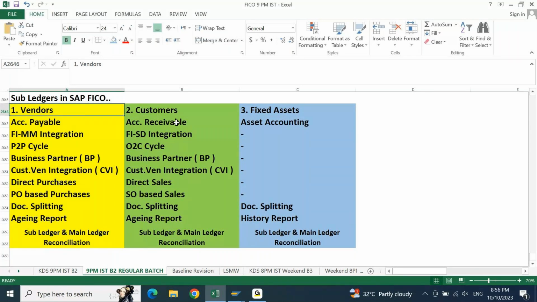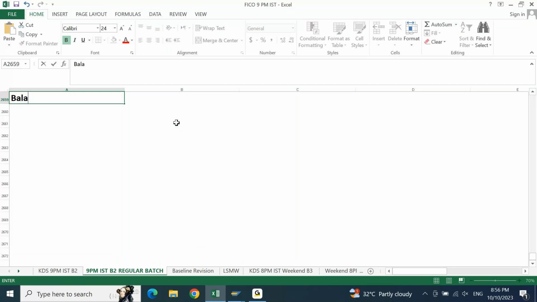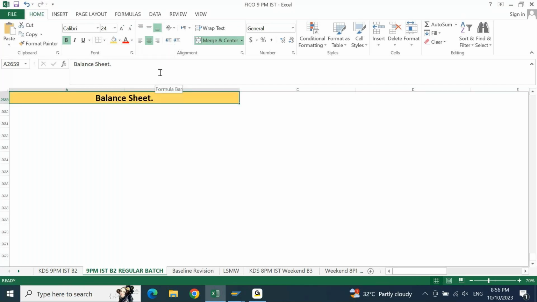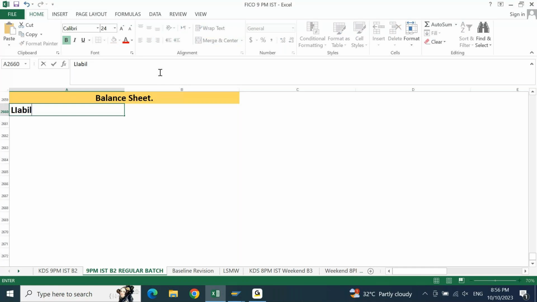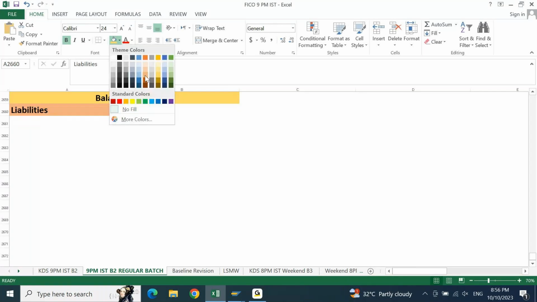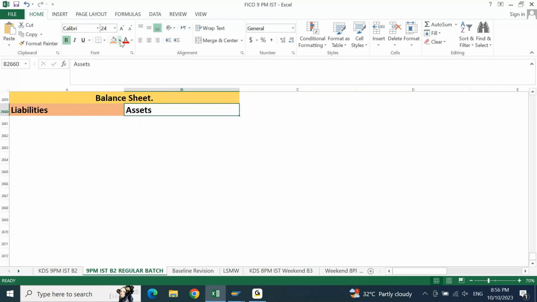Now, let us begin with the basic understanding of your accounts payable or vendors. In general, let's say, if I take balance sheet, for example, assuming this is the balance sheet. In balance sheet, I have liabilities. I also have assets here.